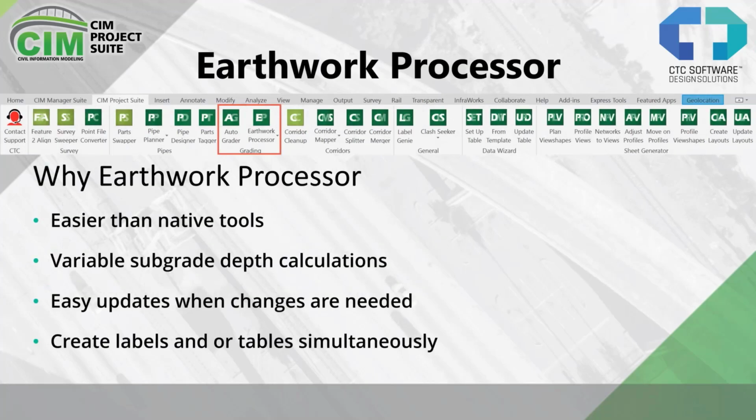So Earthwork Processor, why use that? Well, it's easier than the native tools, so it's a one-step process basically. And we can have variable subgrade depth calculations. It's easy setup when things change, or easy updates when things change. And we can also create our labels and tables simultaneously within the drawing and externally.